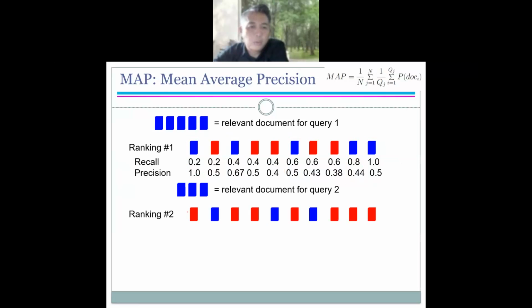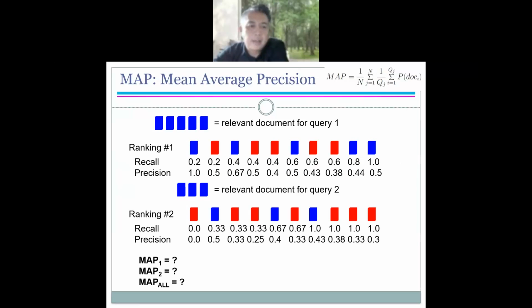Okay, query number 2, we only have 3. So this is the recall and precision. The question is, what is the area under the curve or the mean average precision for this? What you need to do is, you only take the blue one.